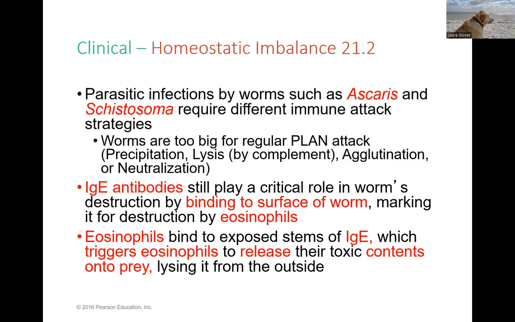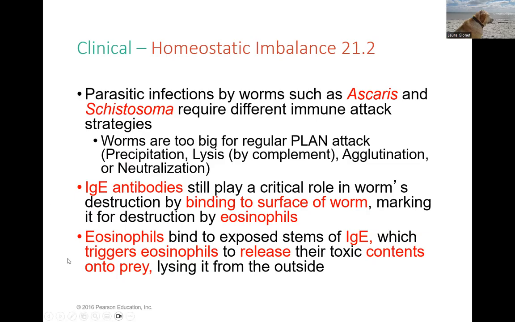All these IgE antibodies are going to start attaching to these antigens, because worms have more than one. They have hundreds, if not thousands, depending on the size. And they mark it for destruction by those eosinophils. Remember, eosinophils elevate almost uniquely with parasitic infections.